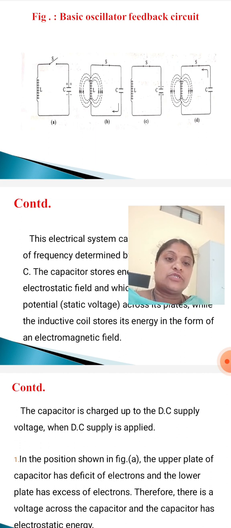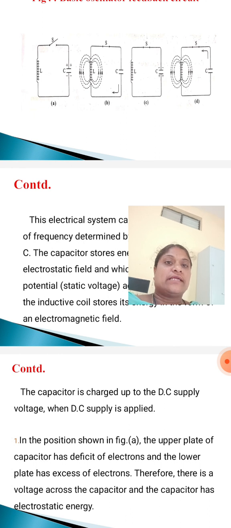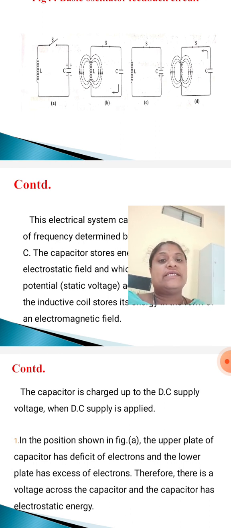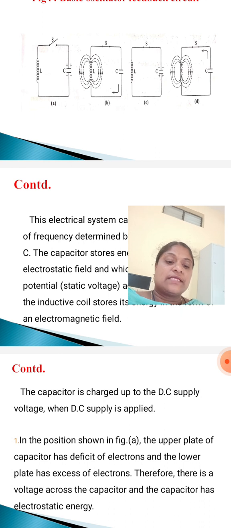Due to the inductive effect, the current builds up slowly towards a maximum value. When will the circuit current be maximum? The circuit current will be maximum when the capacitor is fully discharged.